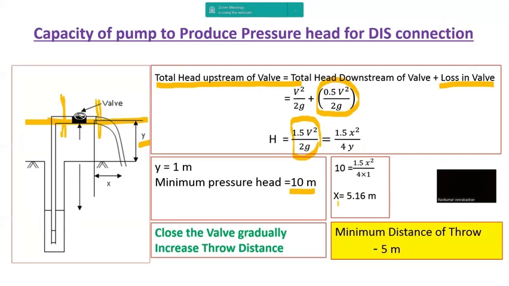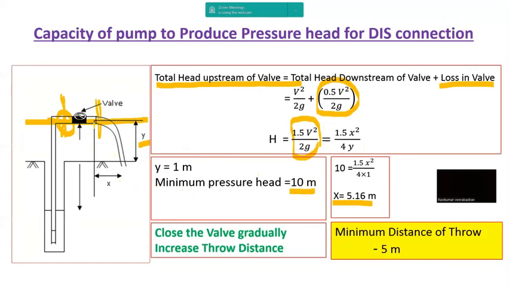What does this number indicate to us? If the total head developed upstream of the control valve here is 10 meters, we will get a throw distance of the jet of 5.16 meters.